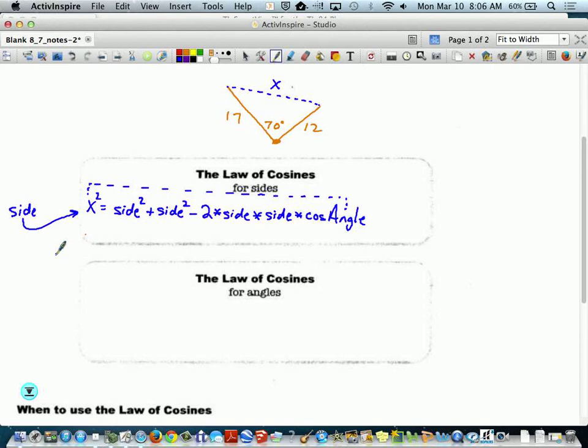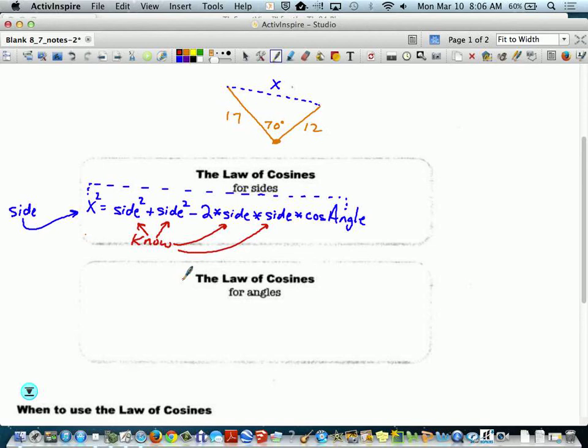So right now, when you use the law of cosines for sides, you have to know two sides of the triangle, right? So you have to know those two sides. So they appear as squared once in the formula, and then you use them again just as their number.